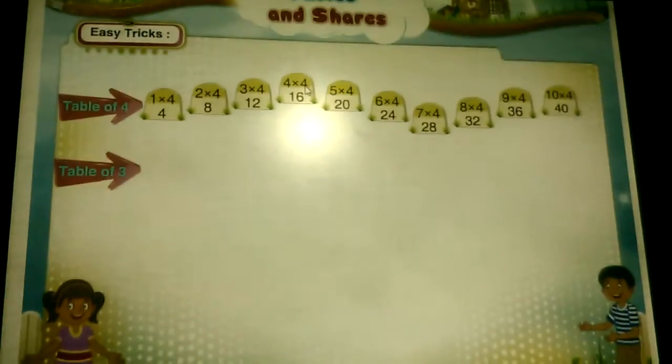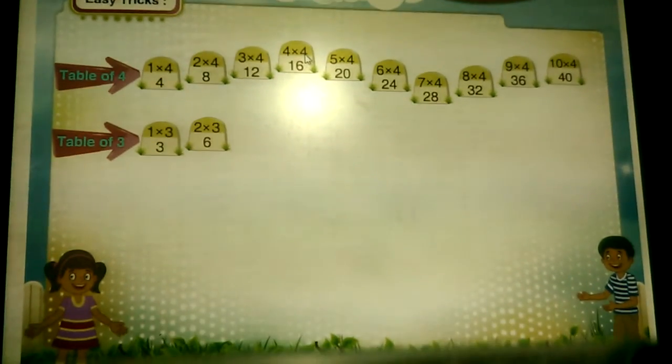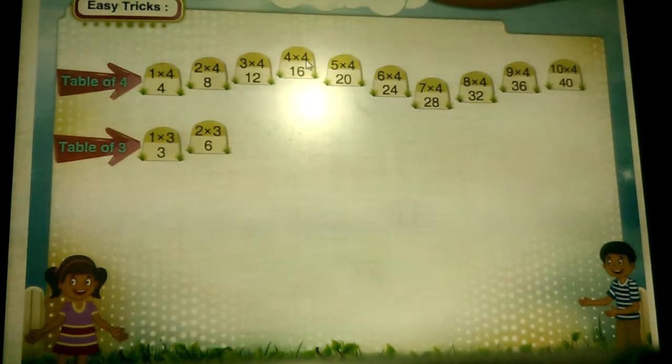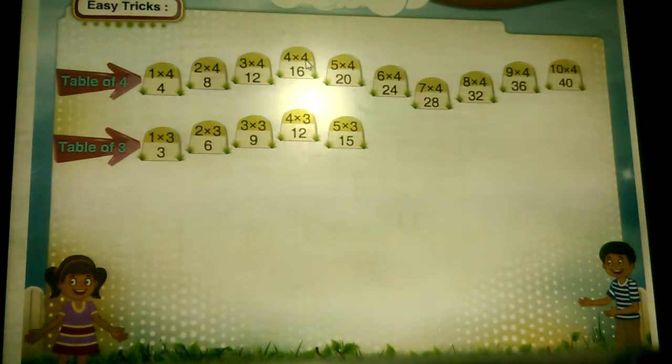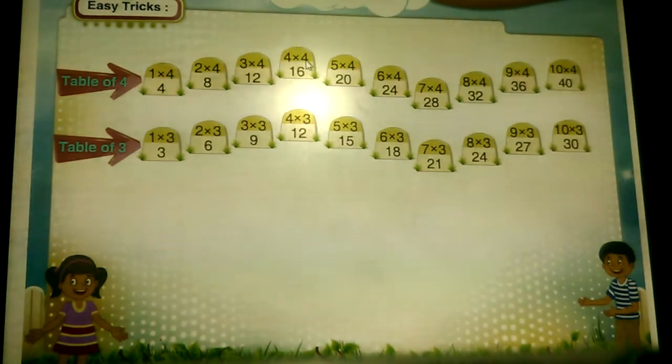The table of 3 is 1 3s are 3, 2 3s are 6, 3 3s are 9, 4 3s are 12, 5 3s are 15, 6 3s are 18, 7 3s are 21, 8 3s are 24, 9 3s are 27, 10 3s are 30.